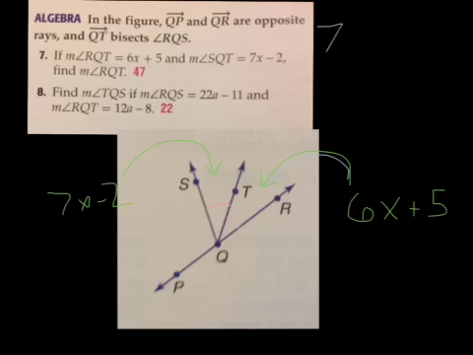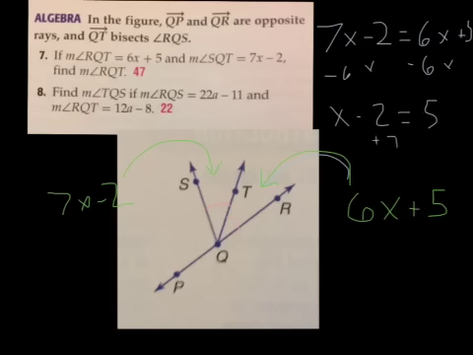So we're going to have 7x minus 2 equals 6x plus 5. We could bring our x over here. We're going to get x minus 2 equals 5. And if we add 2 over here, we'll get x equals 7.